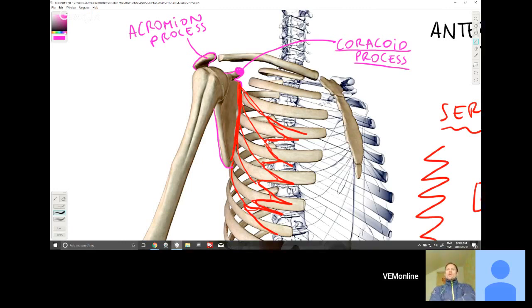And then of course we have clavicle. Let's quickly color the other ones. How about brown, something like that. Good. So clavicle. Clavicle we can divide in parts.